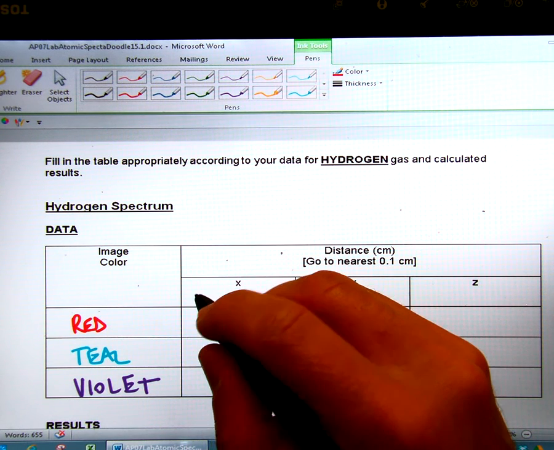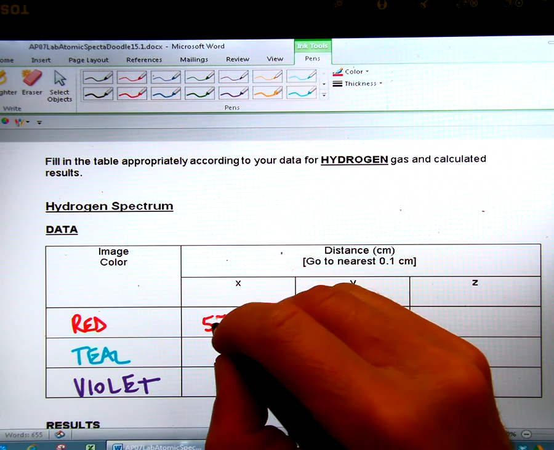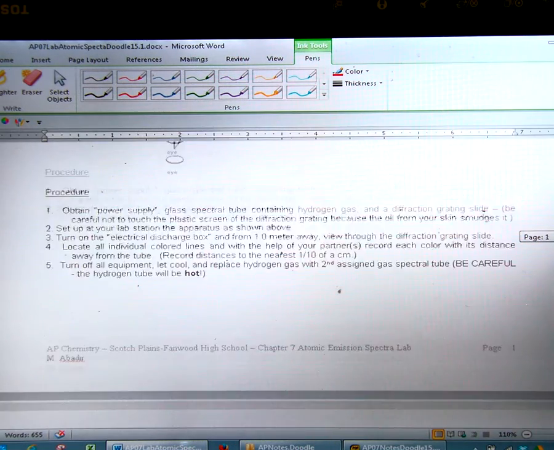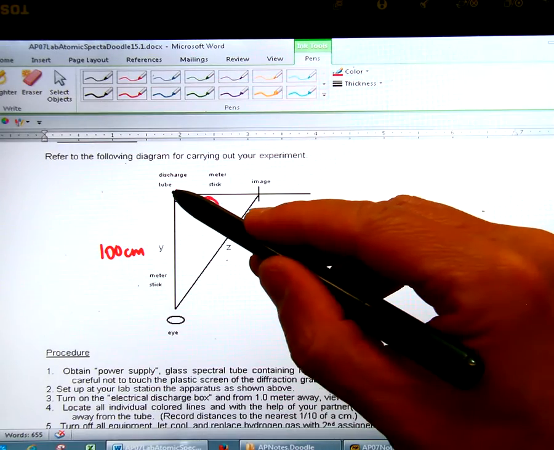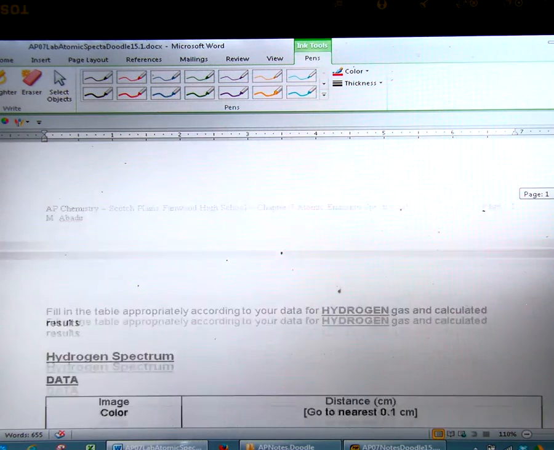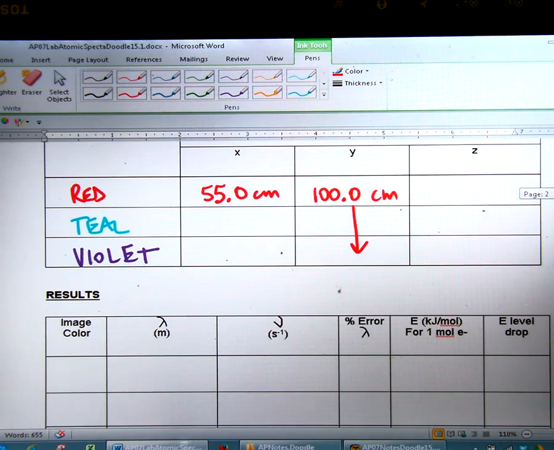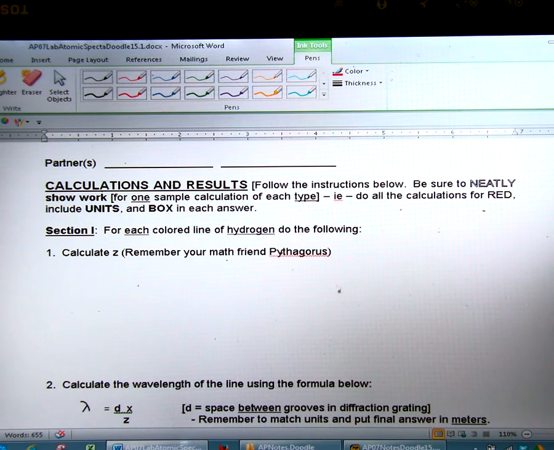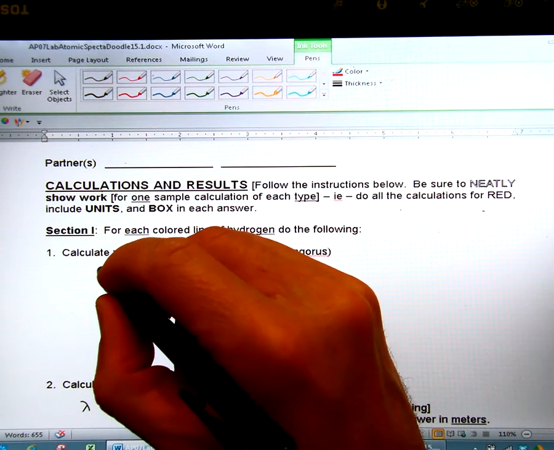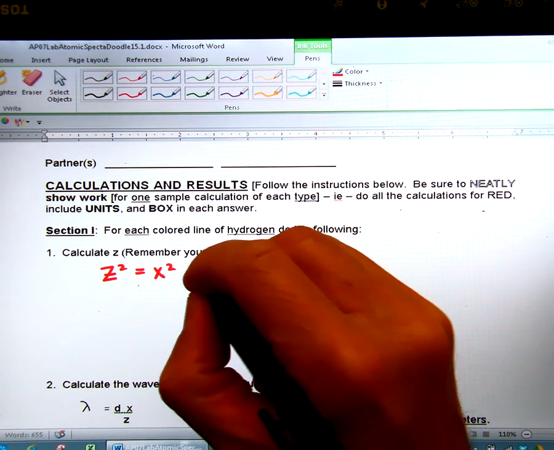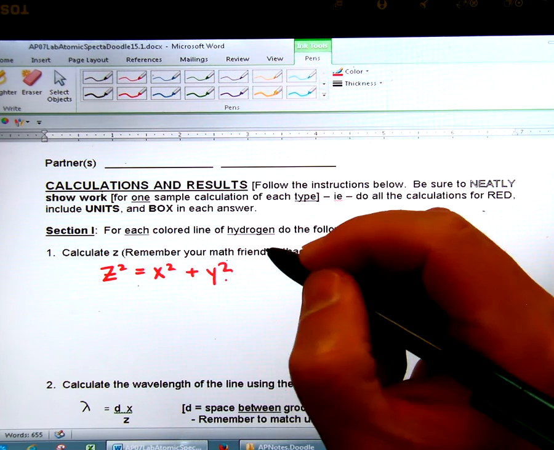So I'm going to give you some sample data on my part. I'm going to write 55.0 centimeters as my X. Remember that X is the distance between the tube and the line that your partner marked on the meter stick. So my X is 55 centimeters, my Y is 100 centimeters. And in order to find Z, you need the Pythagorean Theorem. So Z squared equals X squared plus Y squared.